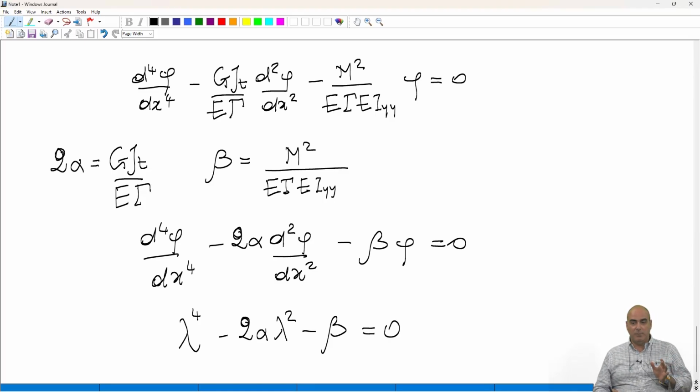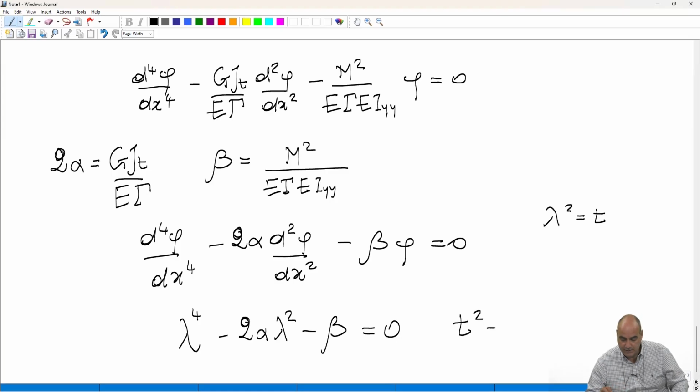Well, this is a more palatable equation because it's an algebraic equation, but still it's a fourth order one. But we also realize that it is a particular fourth order equation because we only have the fourth order term and the second order term. So if I put lambda squared equal to t, this equation becomes t squared minus 2 alpha t minus beta equal to 0.